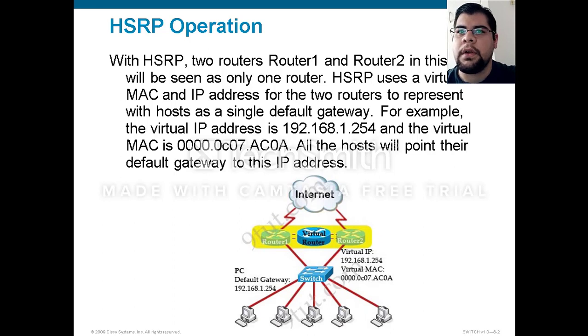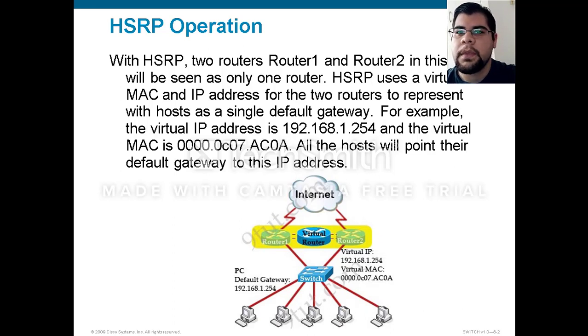With HSRP, let's say we have two routers, router 1 and router 2. In this case, they'll be seen as only one router. HSRP uses virtual MAC and IP addresses for the two routers to represent themselves to the host as a single default gateway.